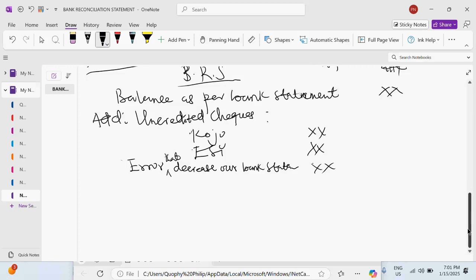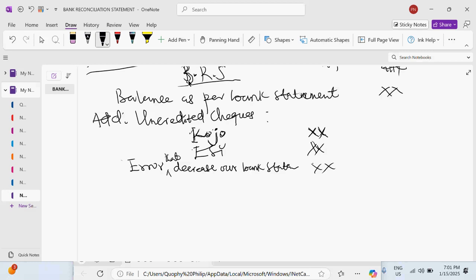Wrong debit. So what is the meaning of wrong debit? When you debit a bank account, what does it mean? It means you are decreasing the amount, right?